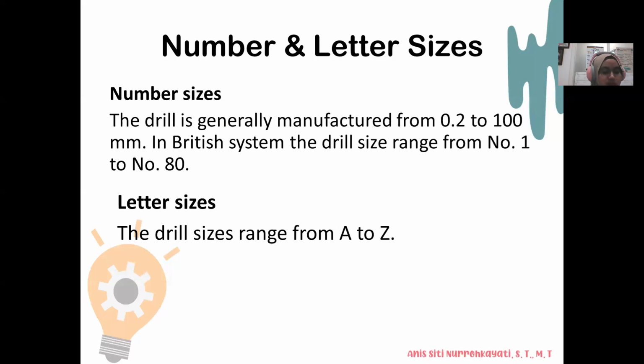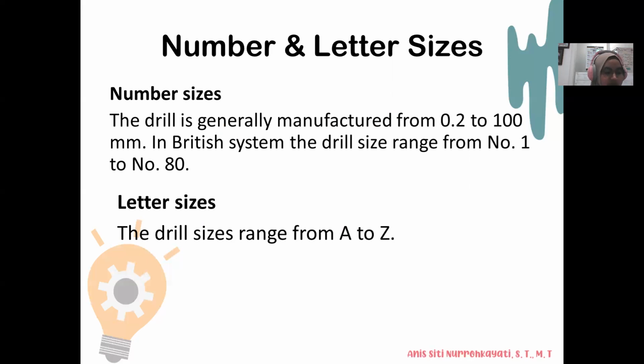Number 1 to number 60 is the standard set of drills. The number 60 to 80 size drills are not so commonly used. So the commonly used range is number 1 to number 60.